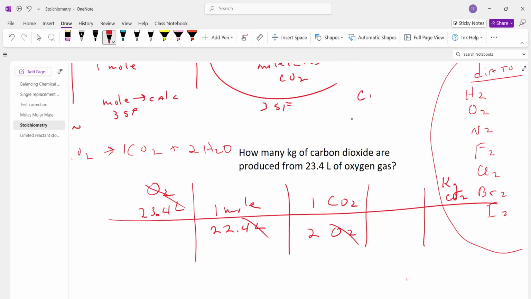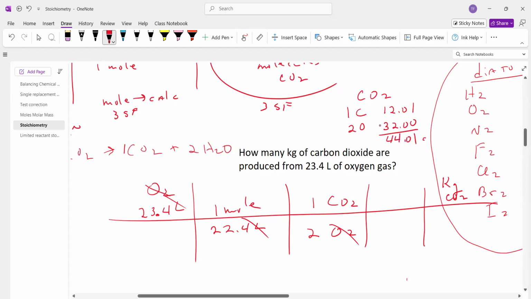Carbon dioxide is going to be 44.01 grams from the periodic table.